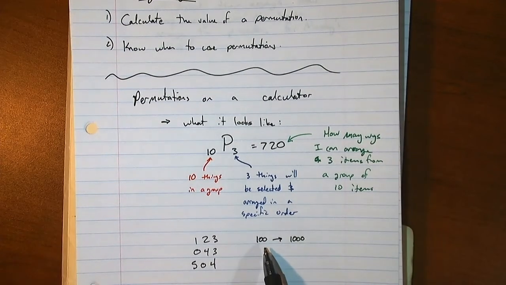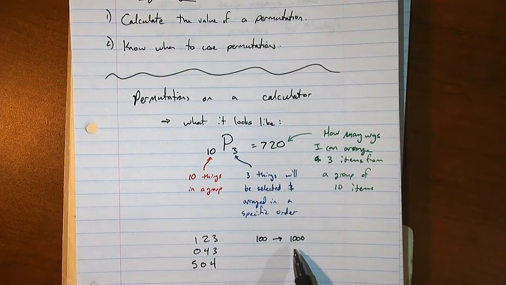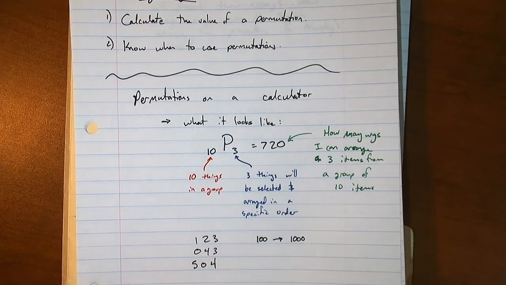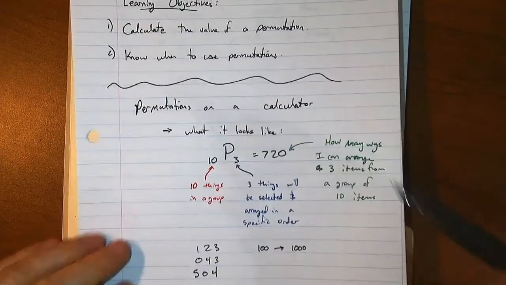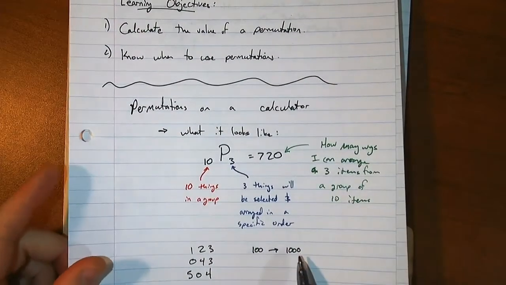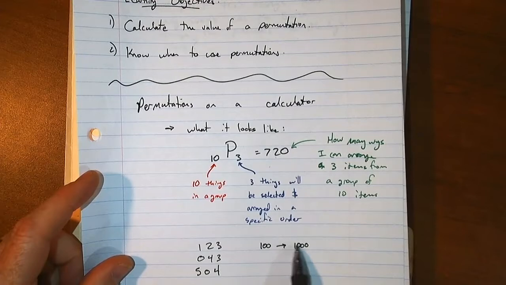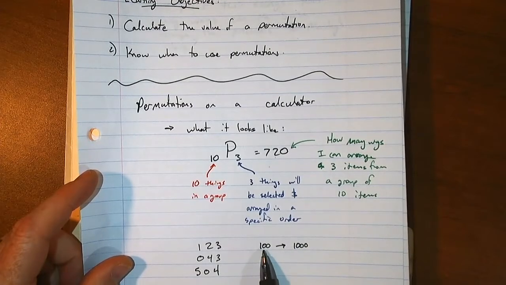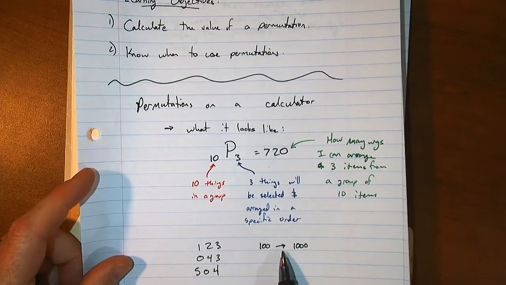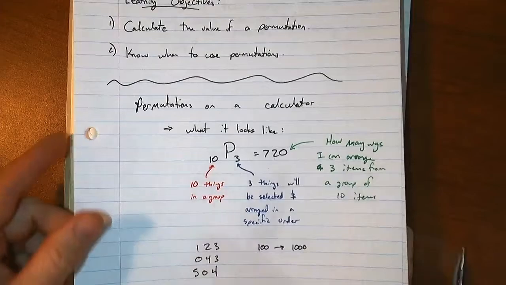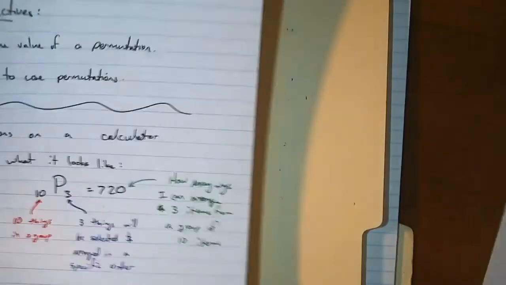Because 100, 101, 102, 103, all the way up to 999, it doesn't seem right that there's only 720. So that brings us into when can we use permutations? That'll explain why this number is smaller. Why isn't it 900? 1,000 minus 100, that should be 900 options, right? Why is it only 720? So let's talk about that.